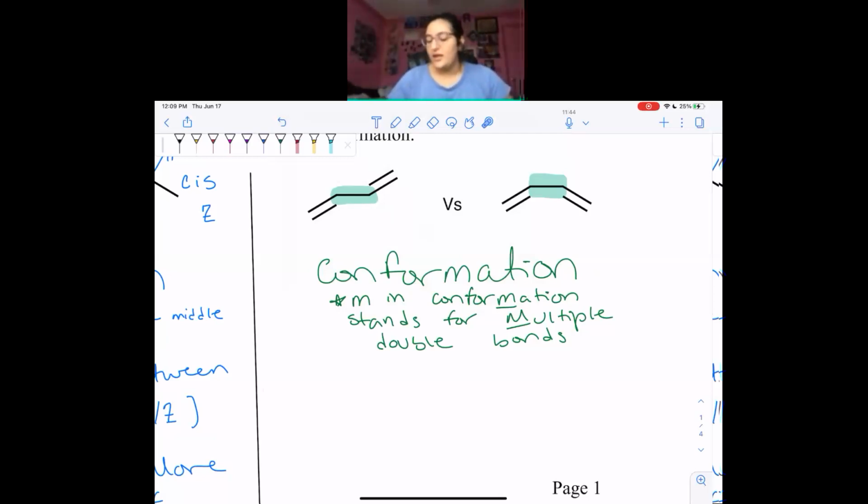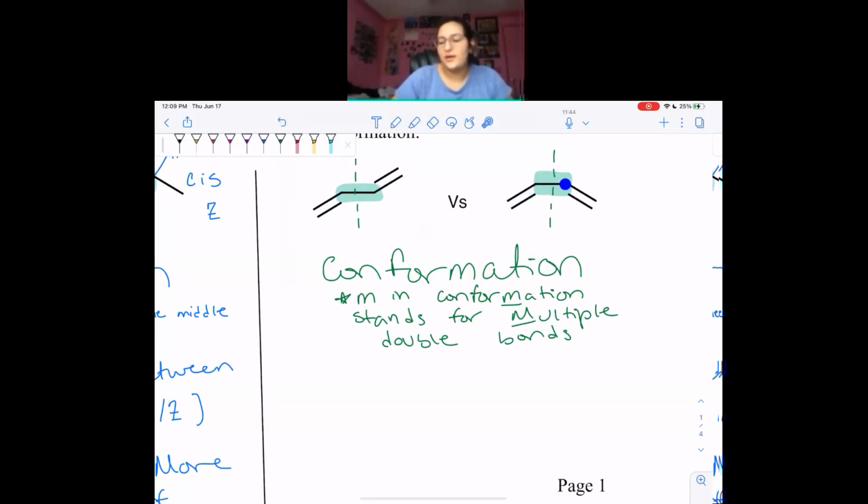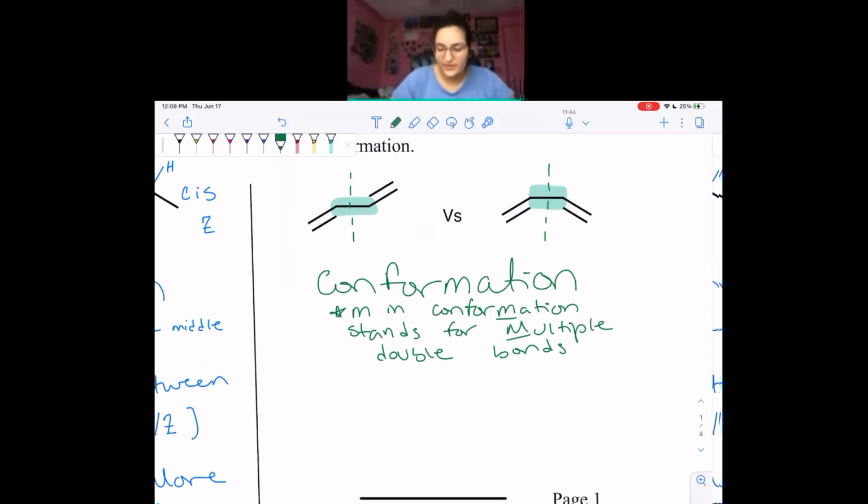Okay. So, when we're defining this guy, we cut down the middle just like we did for our double bond. And we are going to look at the relationship between the two double bonds. So the two double bonds are opposite one another. These two double bonds are on the same side. And so the naming of this is similar to configuration.